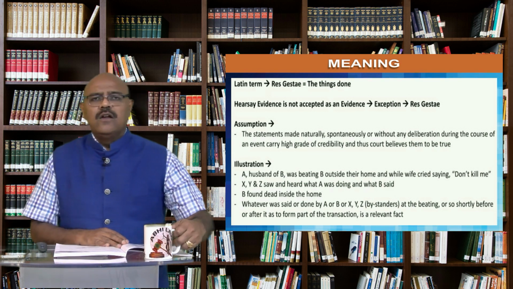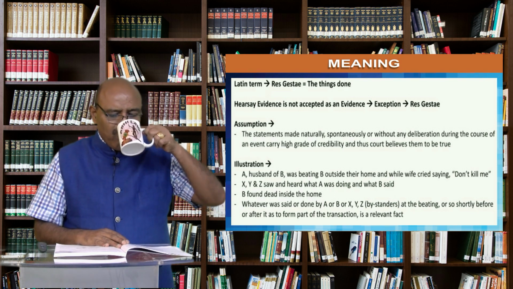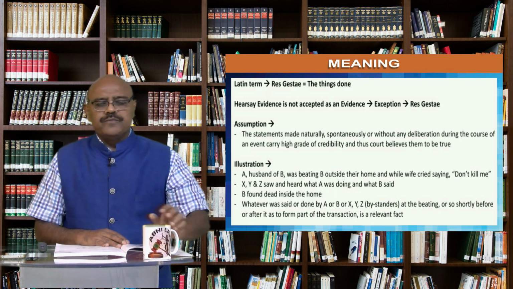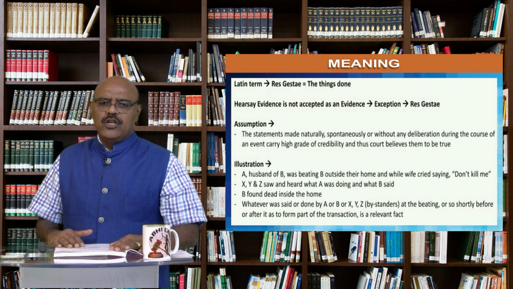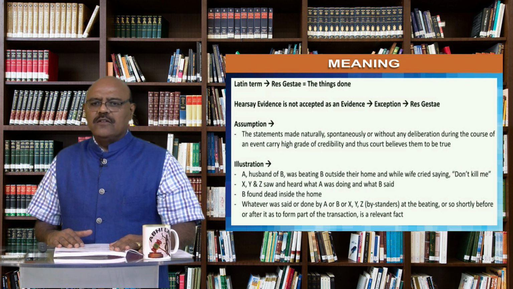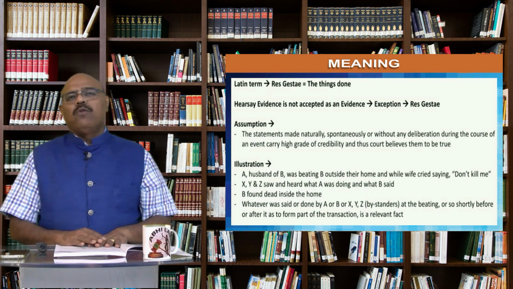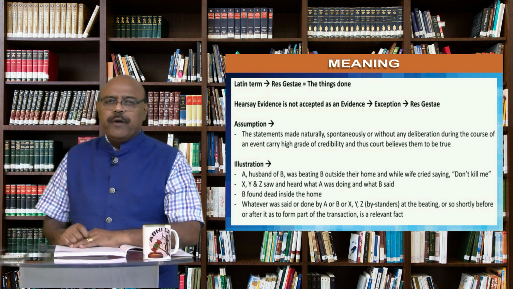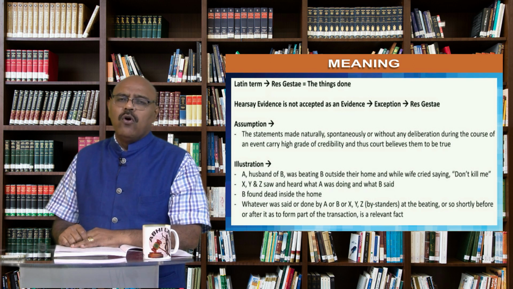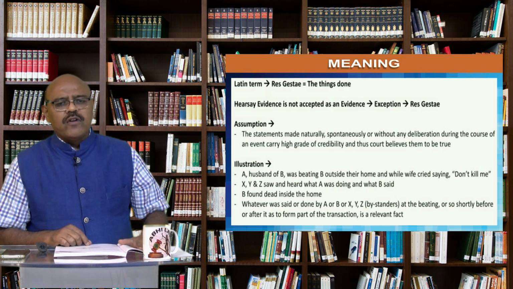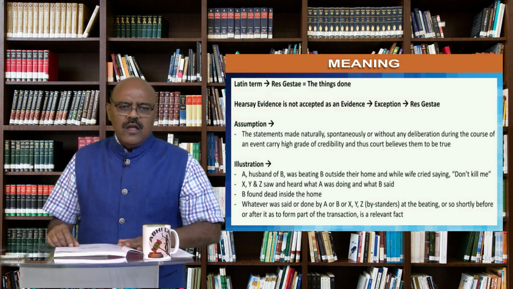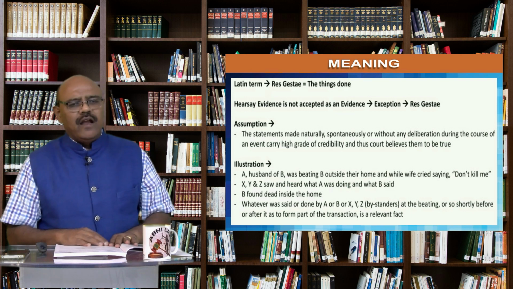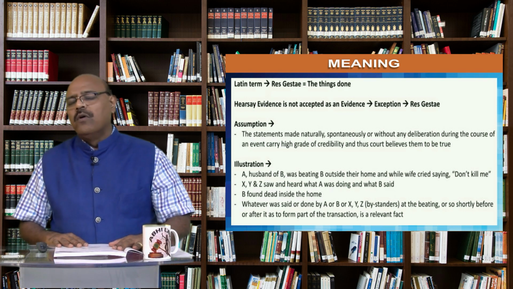Let's understand through one illustration. A, the husband of B, was beating B outside his home. The wife was crying and saying, "Don't kill me, don't kill me." X, Y, and Z were watching A beating B, and then B runs home. After she runs home, they heard what A was doing to B, and B was found dead inside the home.